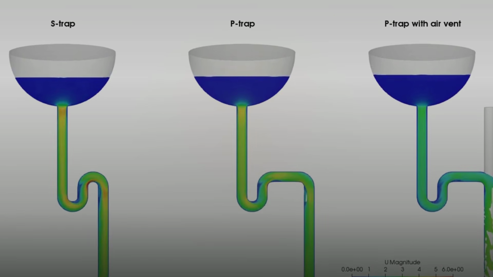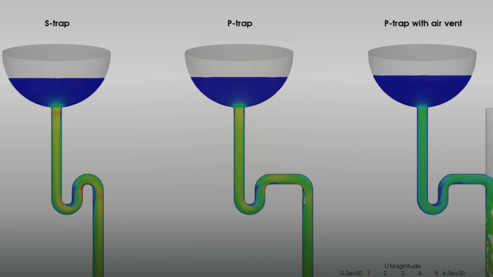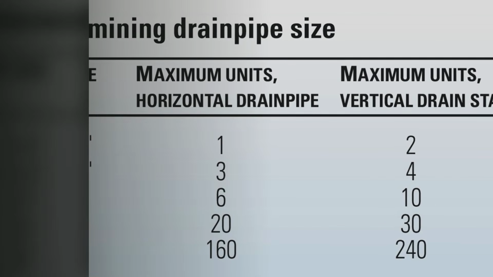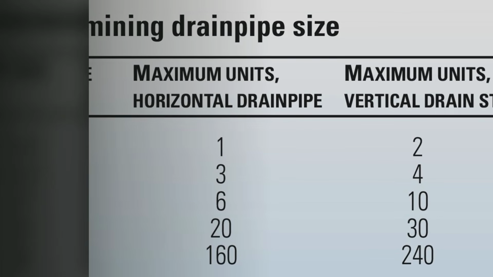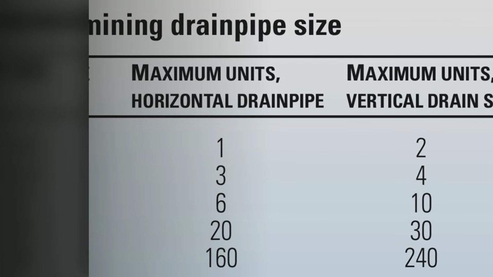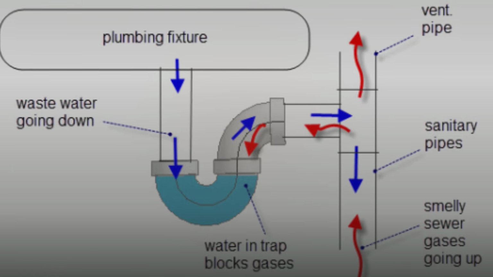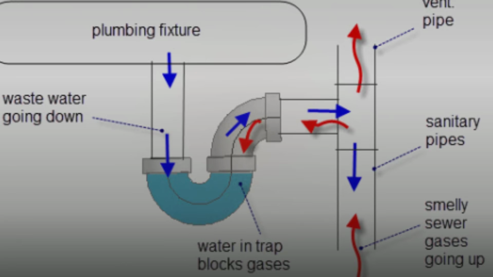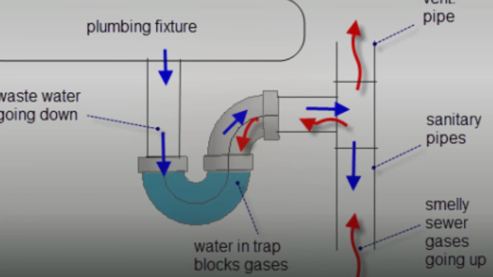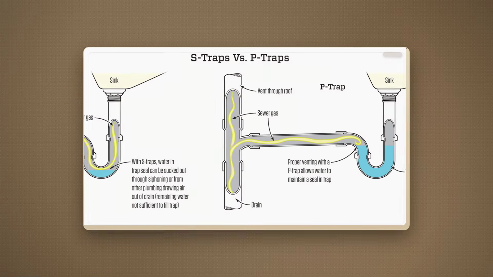A proper trap should hold a stable water seal and then connect to a vented drainage system that protects that seal. An S-trap, by its shape, creates a situation where the water can be pulled out of the trap instead of staying put. That means the seal can disappear, and once the seal is gone, the drain is no longer blocking sewer gas the way it should.